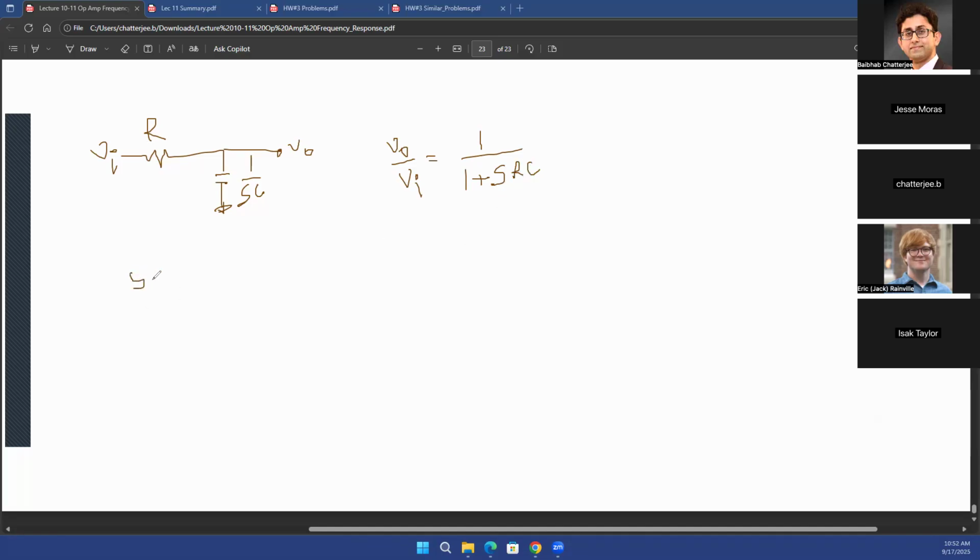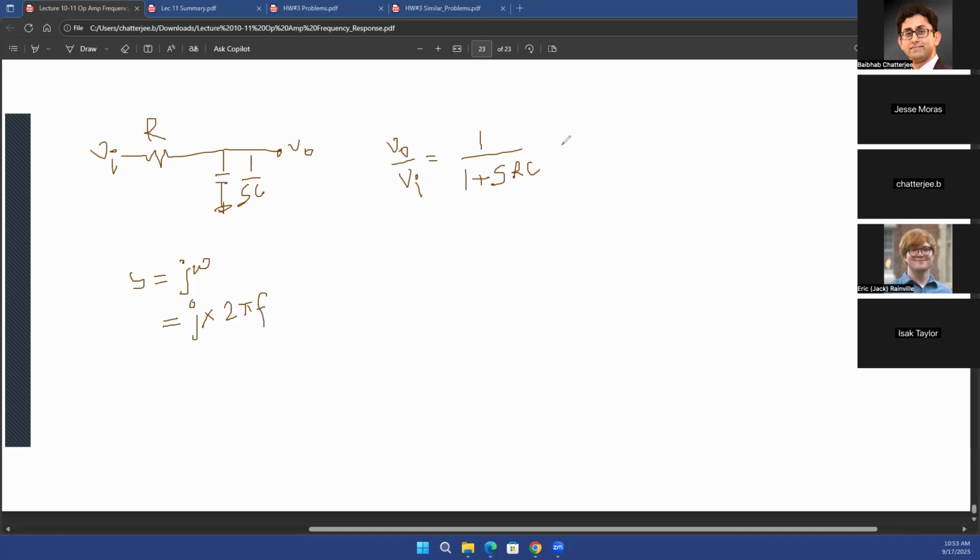Now, you also know in the Laplace domain, S is equal to J omega, where omega is your angular frequency, and omega is equal to 2 times pi times F. So this is J times 2 pi F, where F is the linear frequency and omega is the angular frequency.